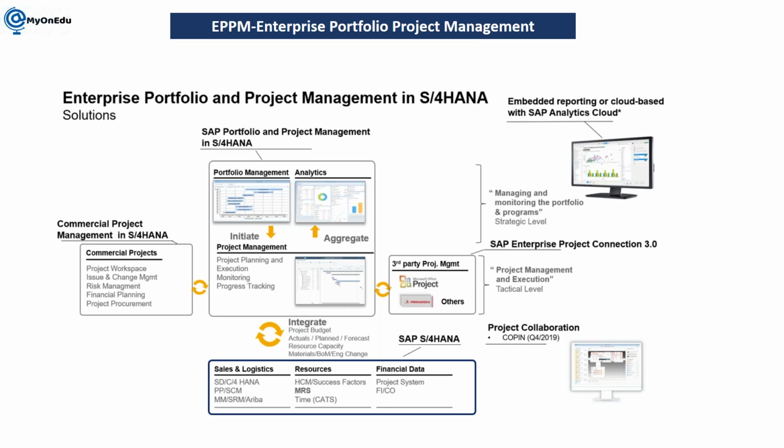So what is the major use of all these different modules? I'll let you know here. Portfolio project management is the module which helps us to know the best suitable project. Whenever we get any proposal or any investment, we can do the feasibility study, that is, a financial feasibility study and a technical feasibility study.